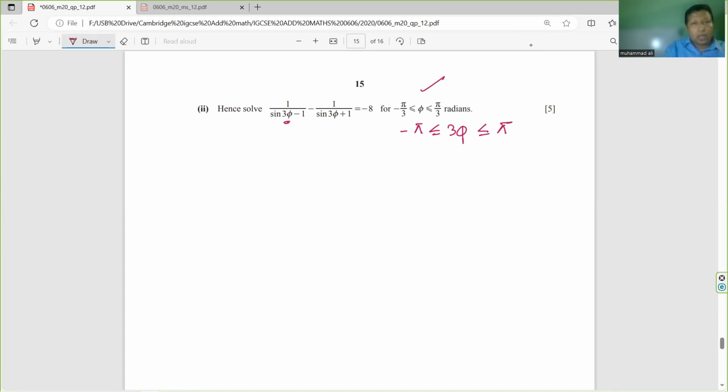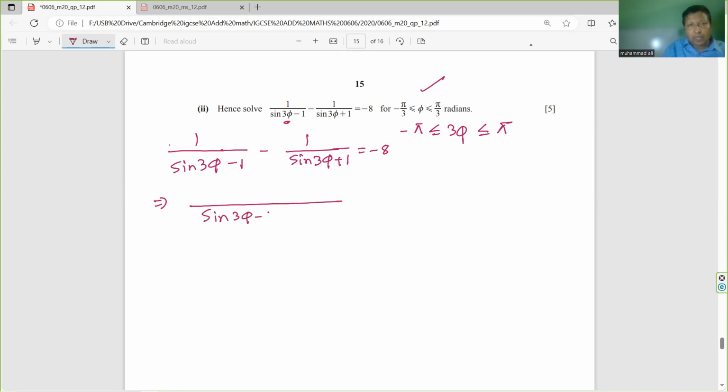Now, 1 by sine 3 phi minus 1, minus 1 by sine 3 phi plus 1, equals minus 8. If we do the LCM, we can write sine 3 phi minus 1 into sine 3 phi plus 1.